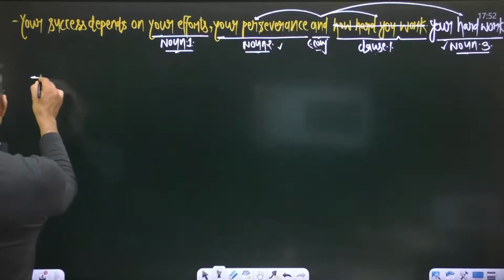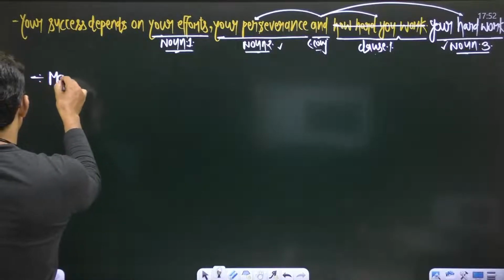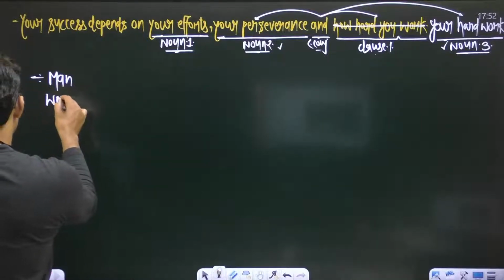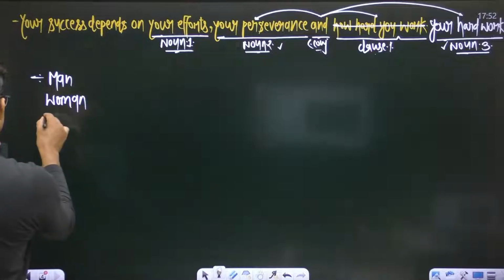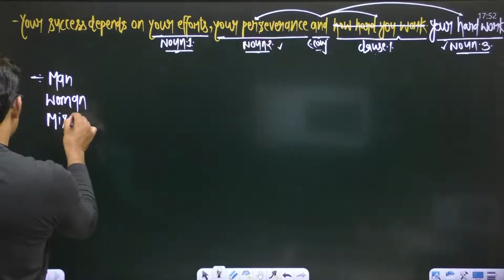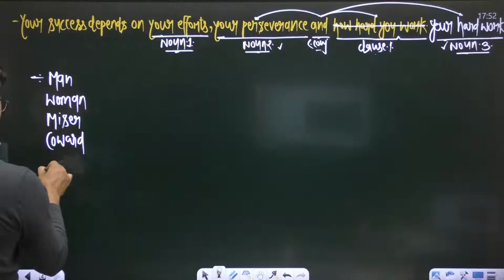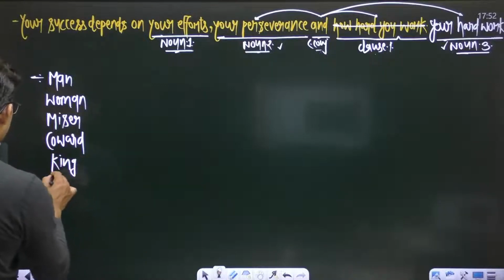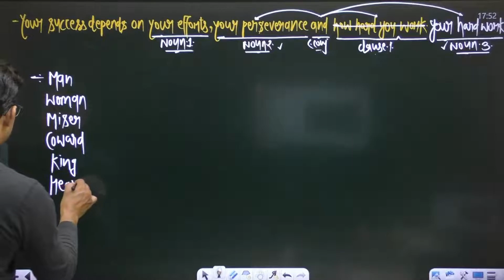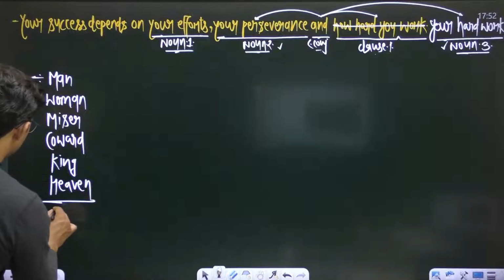If I say you have the words man, woman, miser, coward, king, heaven, make sure all these words are noun in nature.